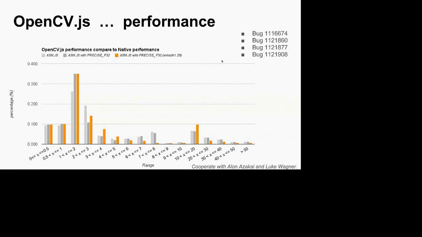We summarized several patterns of obvious performance drops in these 4 bugs, and the Emscripten and the ASM.js team have some insightful comments on these 4 bugs.